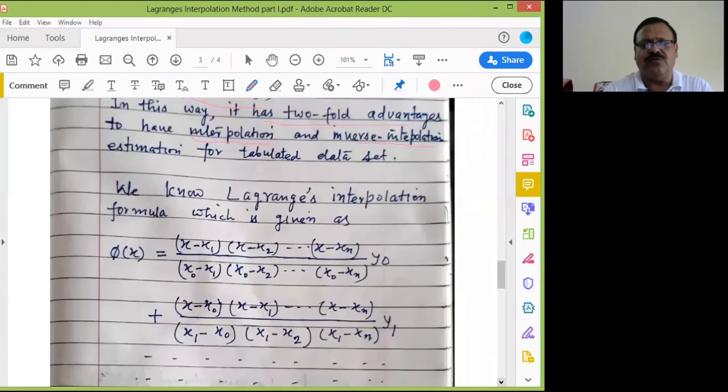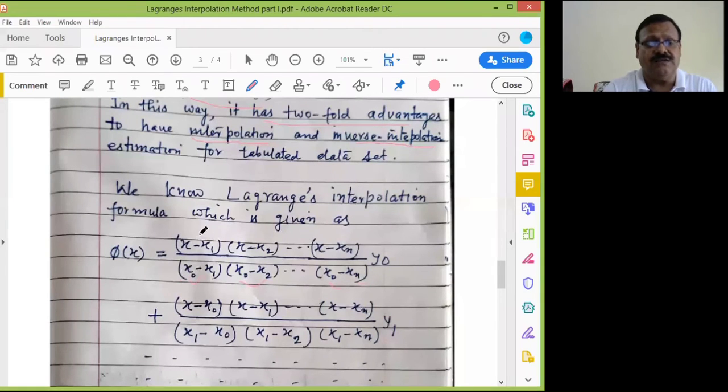So the Lagrange interpolation formula we have so far known, remember this formula. We start with x naught here. The first term: x naught minus x1, x naught minus x2, and so on. The first term always comes to the denominator immediately, and then how you will set the numerator.